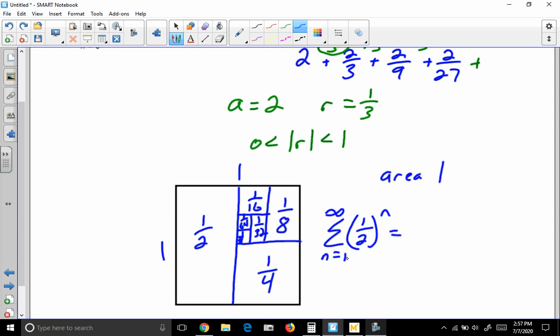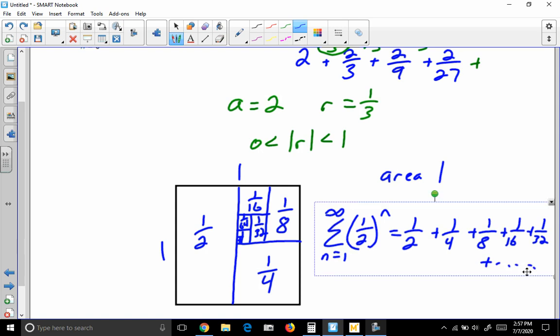So when n is 1, we have 1/2. When n is 2, we have 1/4. When n is 3, we have 1/8, then 1/16, then 1/32, on forever. So this is a visual representation of that series, and visually we see that that series converges to a total of 1.